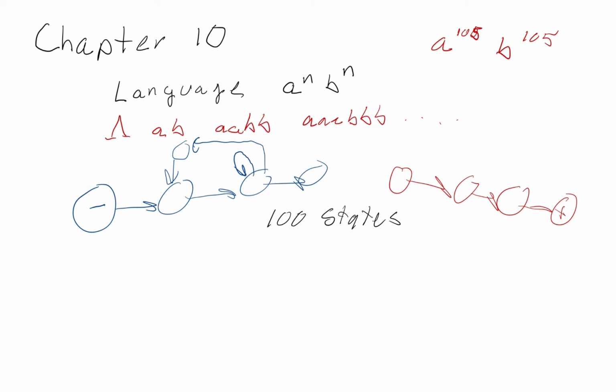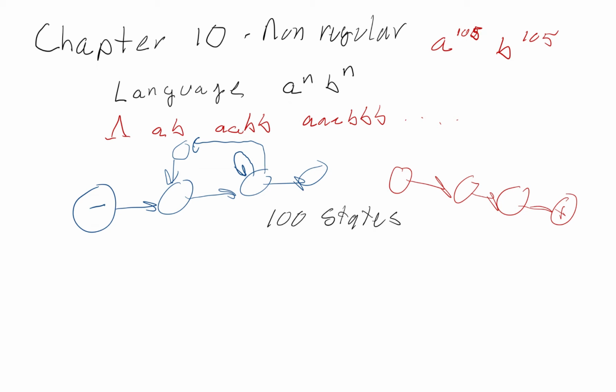So there's no way that we could create a finite automata to accept the language a to the n, b to the n. And what that means is that a to the n, b to the n is a non-regular language. A non-regular language is a language that cannot be defined by a finite automata, a transition graph, or a regular expression. We just can't find a way to define it.